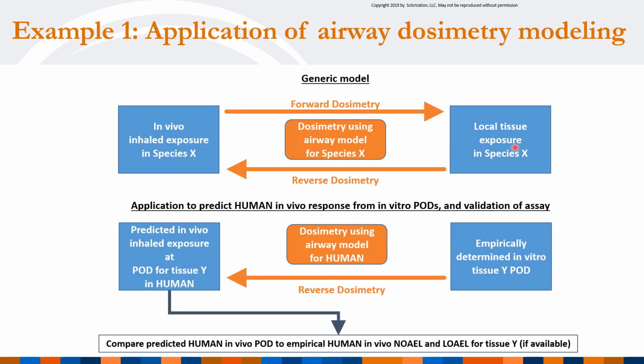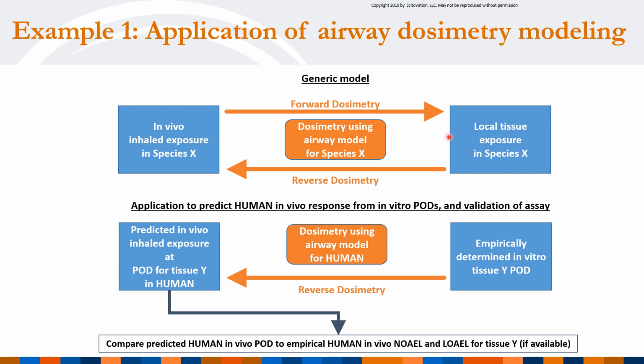I really like this figure because it explains really well the reverse dosimetry and IVIVE. With a generic model, you can do two things. If you have in vivo inhaled exposure in species X, you can use a PBPK model for species X and for the chemical of interest, run forward dosimetry, and find out what's the local tissue exposure in our species of interest.